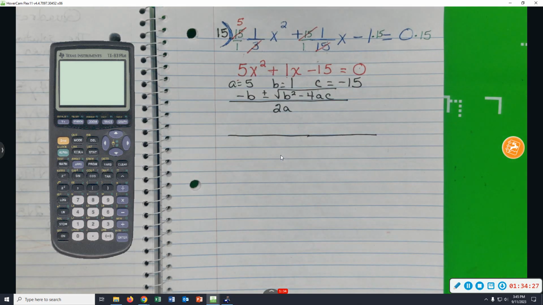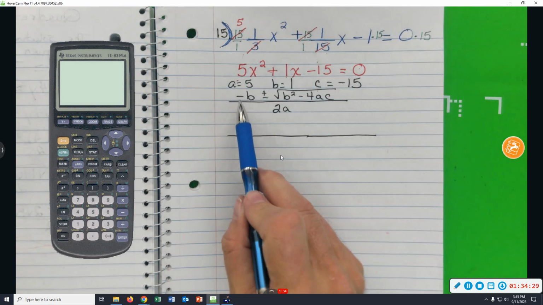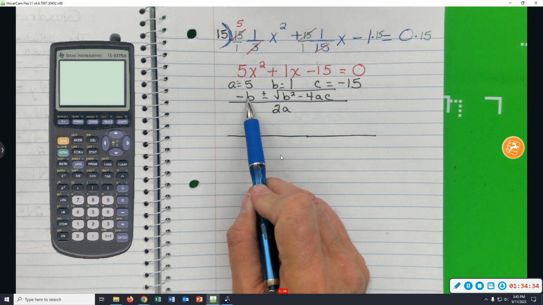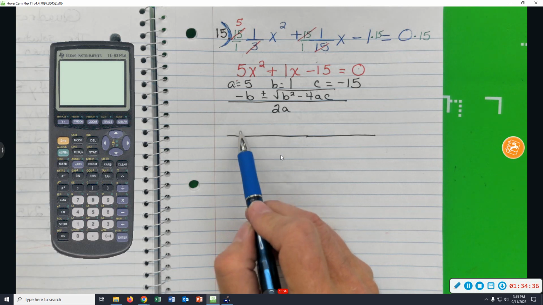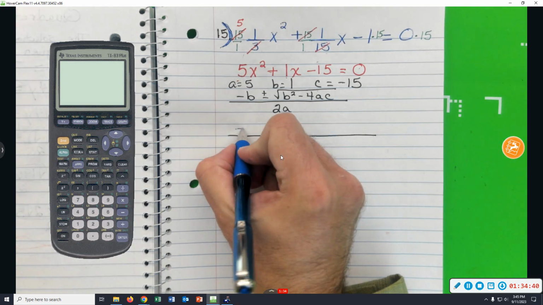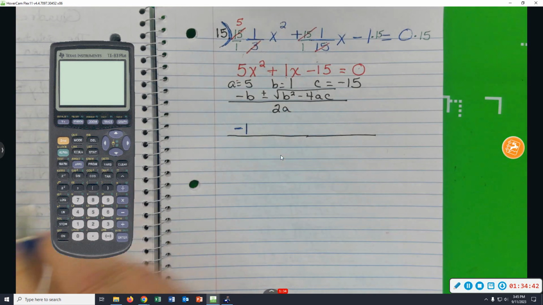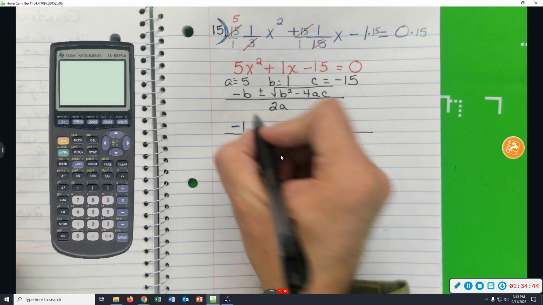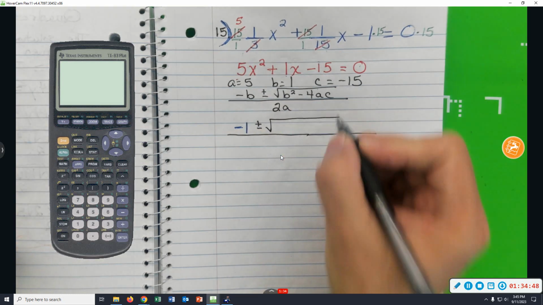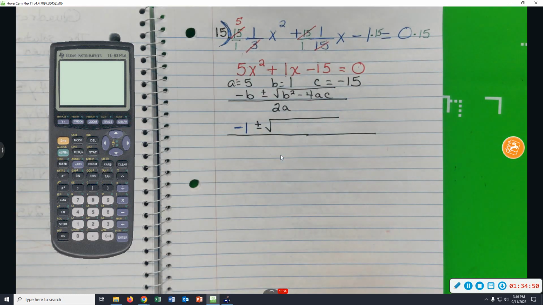So, -b. What am I going to write for negative b? Am I going to just put a 1 there or a negative 1? Negative 1. Then plus minus the square root of b squared.